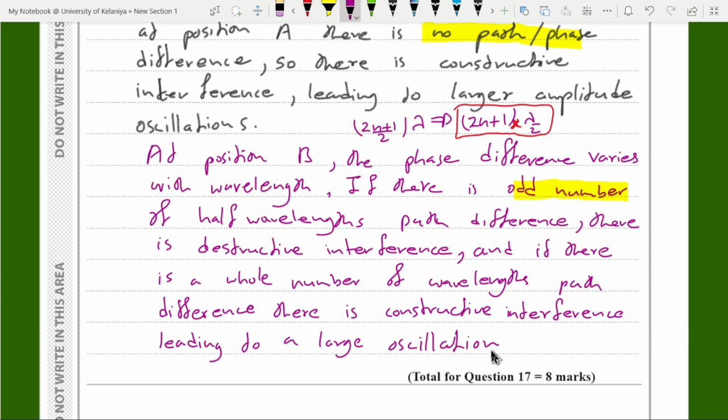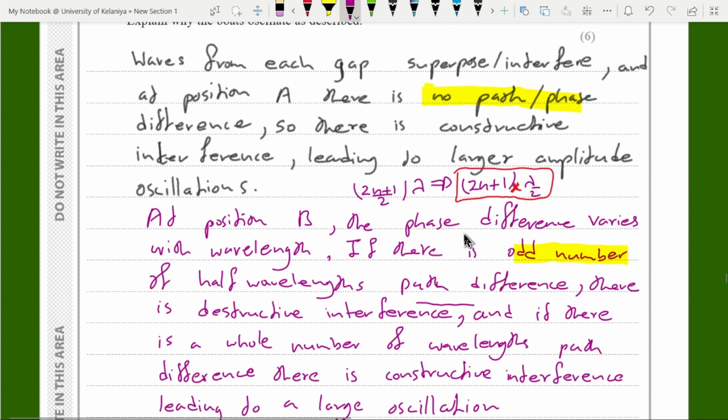In this case I haven't mentioned that destructive interference leads to small oscillations. You have to write that one too. I forgot. So if you write this answer, you will get full marks.